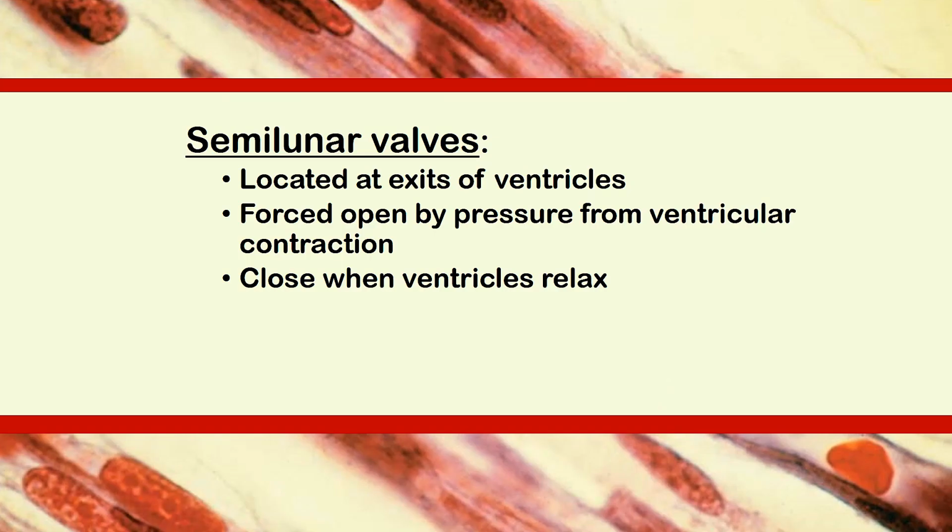However, when the ventricles are at rest, the pressure in the arteries is actually higher than that of the ventricles, and the semilunar valves will close, preventing backflow of blood from the arteries back into the heart. These will all come into action as we start talking about the cardiac cycle.